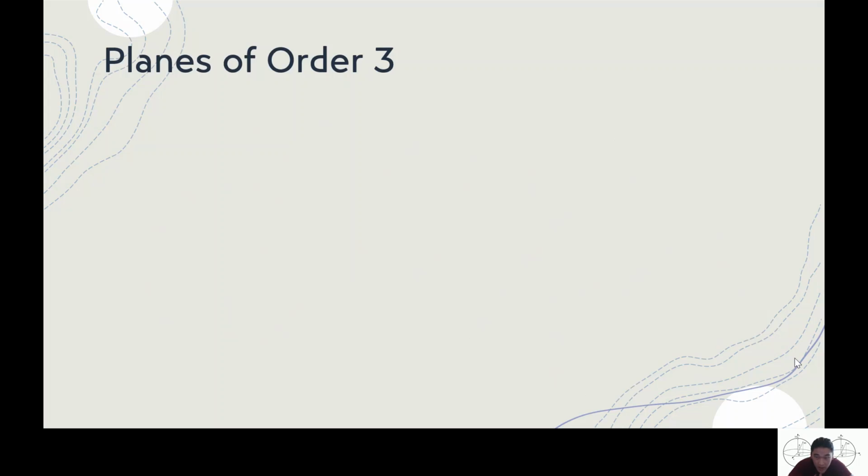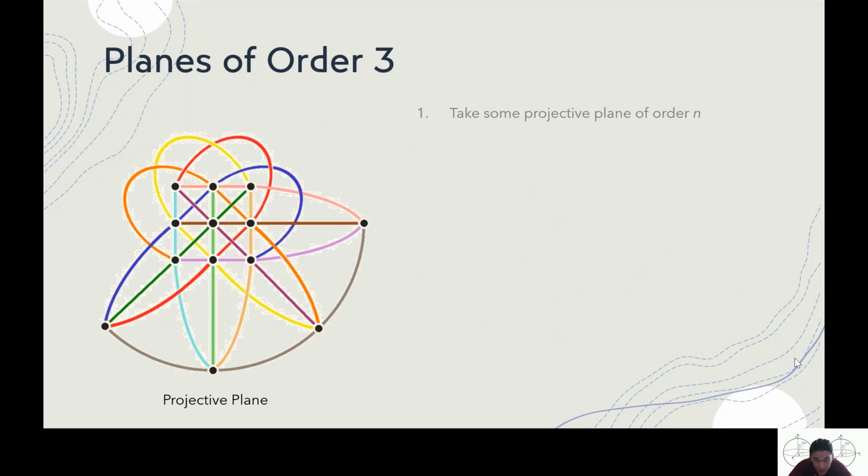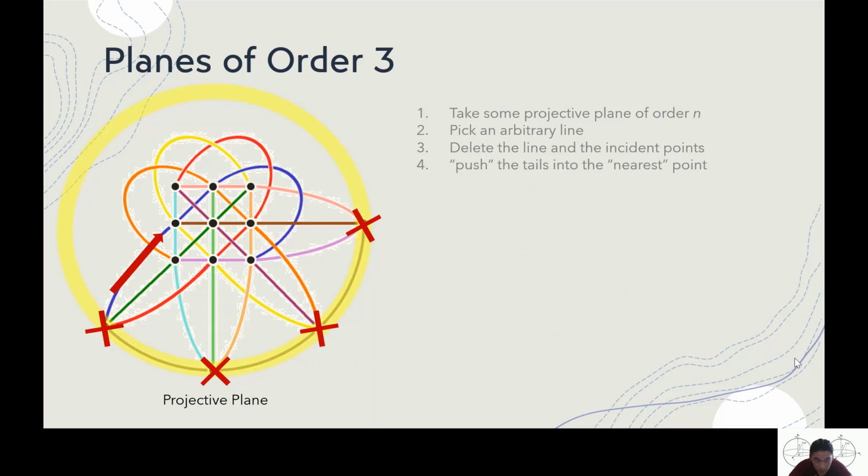Again, we'll take some projective plane of order n. In this case, we've taken it to be 3. So we'll pick a line, say the gray line here, delete the line and its incident points, bam, bam, bam, bam. And then we'll push those tails into the central points. So just like so, 1, 2, 3, 4, 5, 6, 7, 8, 9, 10, 11, 12.